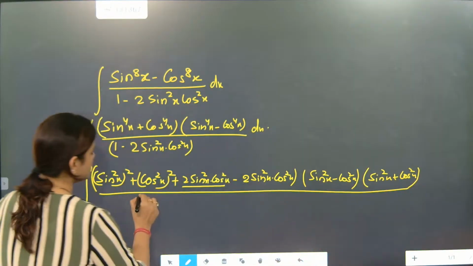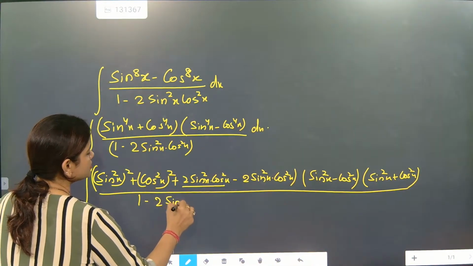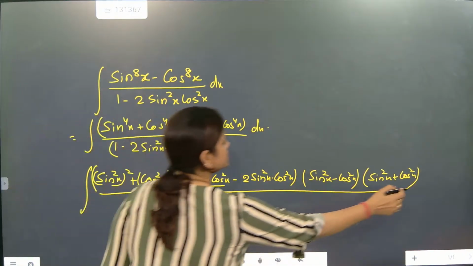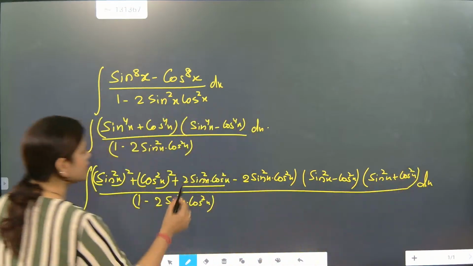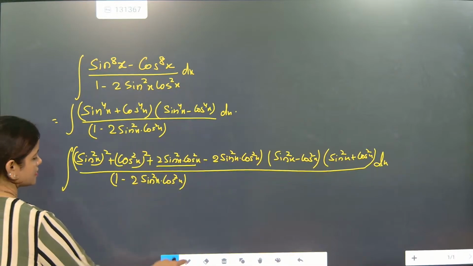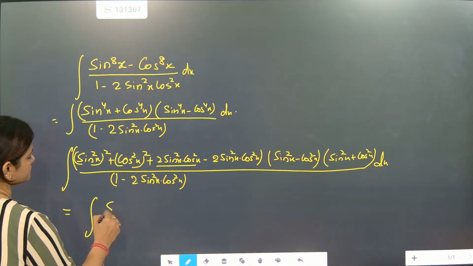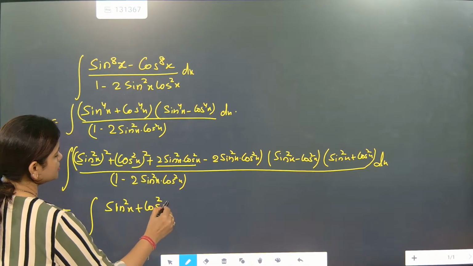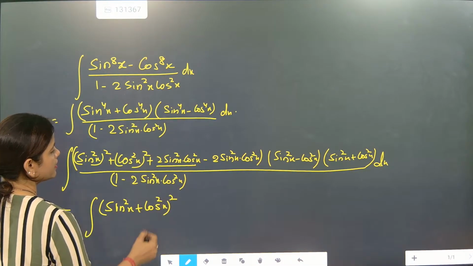So here it is 1 minus 2 sine square x cos square x dx. So this is self-added and self-subtracted. So (sine square x plus cos square x) whole square, understood?